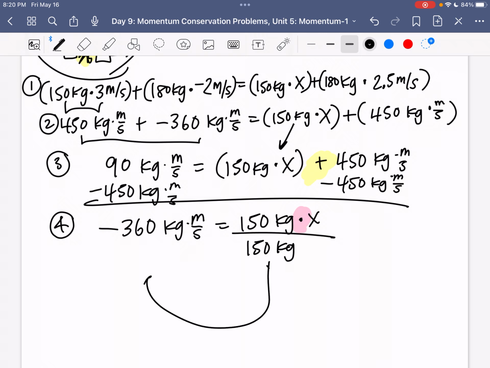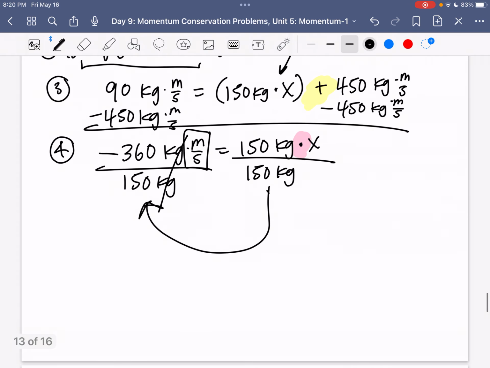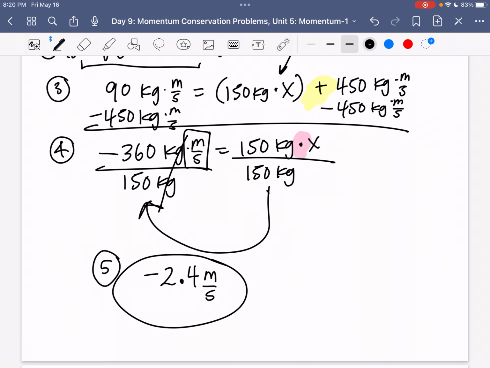We need to take the 150 all the way over there because they're separated by the equal sign. The kgs cross out, so we're only left with m/s, which makes sense because we are looking for the velocity, right? So negative 360 divided by 150 is negative 2.4 meters per second.